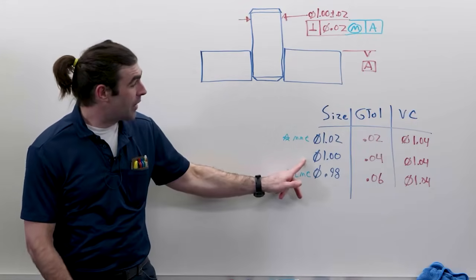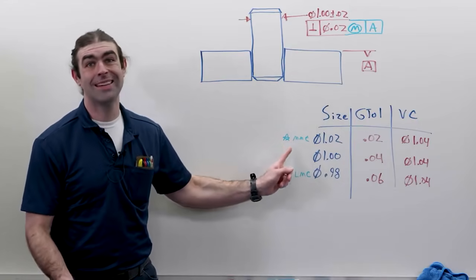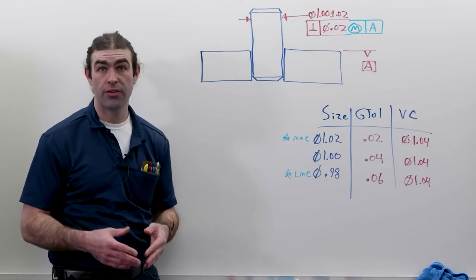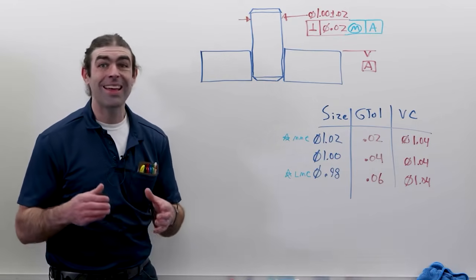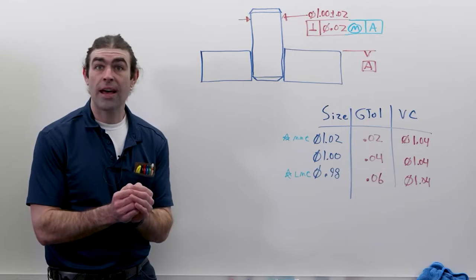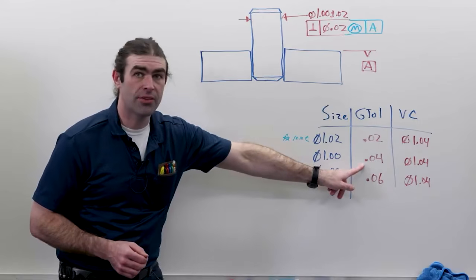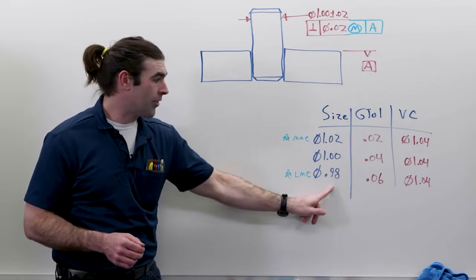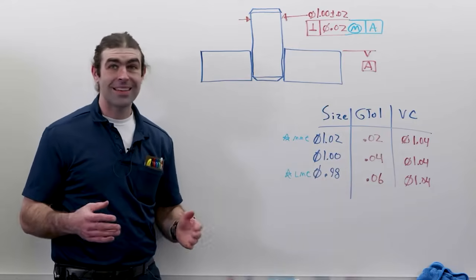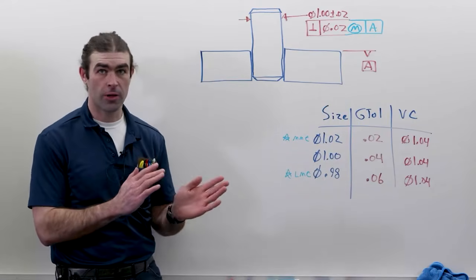So if the pin comes in at 1 inch instead of its MMC of 1.02, we get an additional 20 thousandths of perpendicularity tolerance. That means that cylinder that the axis of the feature must fall within now gets bigger. And now the cylinder is a 40 thousandths diameter. If the feature comes in at LMC, we get 60 thousandths of geometric tolerance. It means the pin can be more crooked.